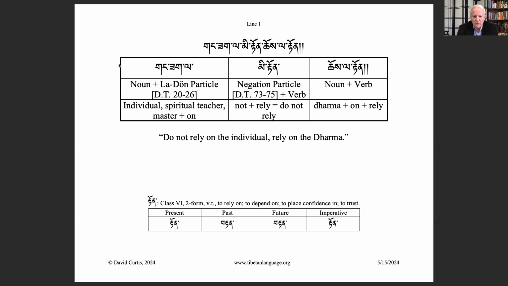So gongzak, the first two syllables together, make the word individual or person. Gong can mean to be filled up, and zak can mean to fall or be depleted.